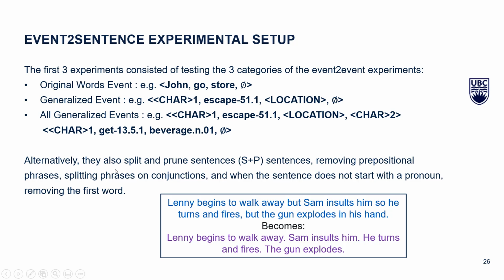Alternatively, they also split and prune sentences, or S and P, removing prepositional phrases, splitting phrases on conjunctions, and when the sentence does not start with a pronoun, removing the first words. So what happens is Lenny begins to walk away, but Sam insults him, so he turns and fires, but the gun explodes in his hand. That one sentence becomes: Lenny begins to walk away. Sam insults him, he turns and fires. The gun explodes.